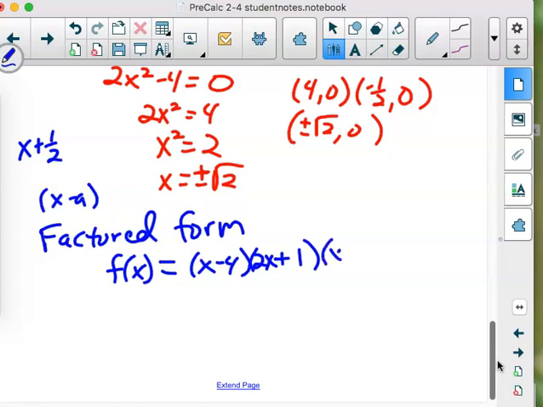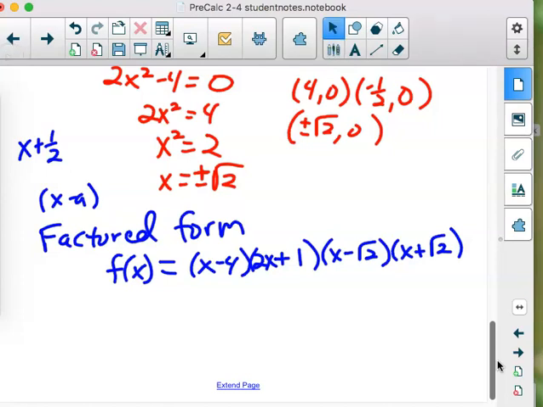And then, again, this isn't going to feel real comfortable because we don't tend to factor in terms of radicals. We usually just use integers when we're factoring. But this would be the best way to represent that in factored form. And like I said, I think there's some problems in your homework where they have you take that extra step. So I wanted to show you that.